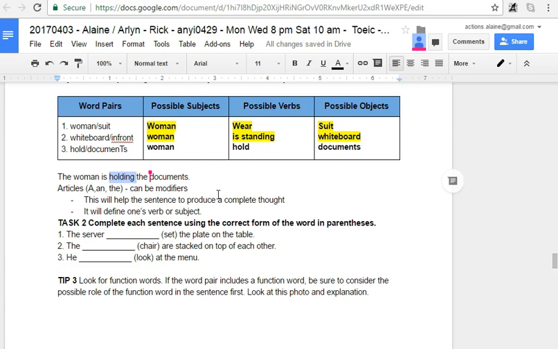But I think this word "the" is specific. This word is pointing to special things.